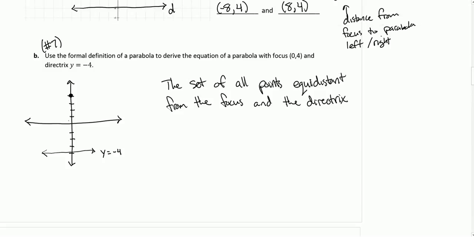So one point in particular we know is the vertex is the same distance from both, and then it just creates this parabola here. Something like that.